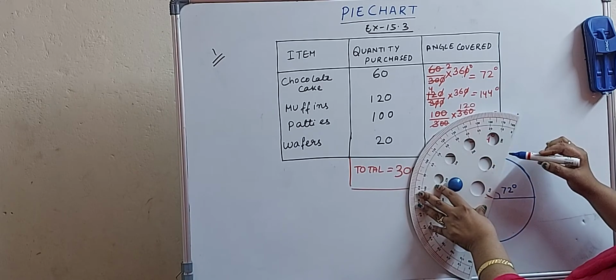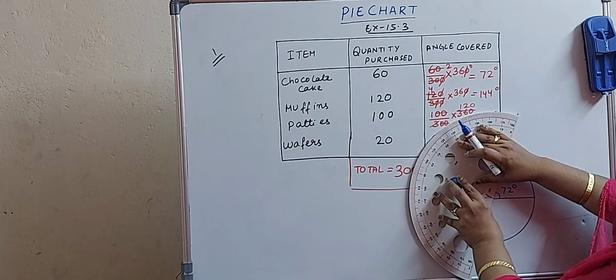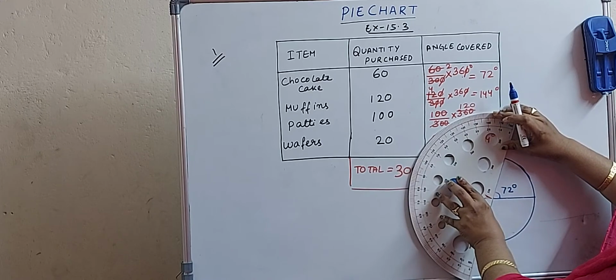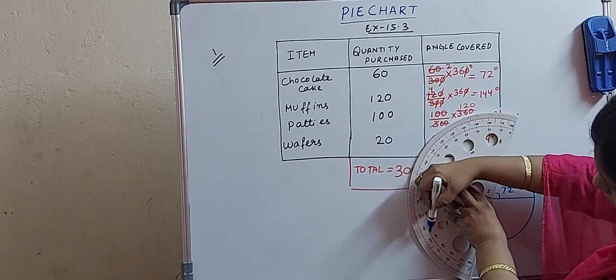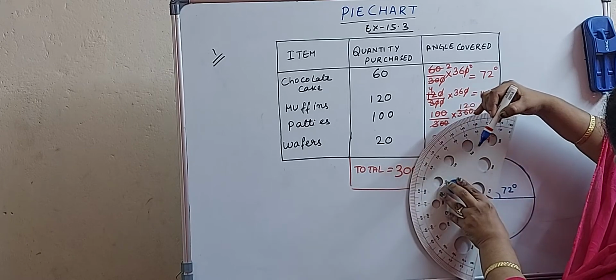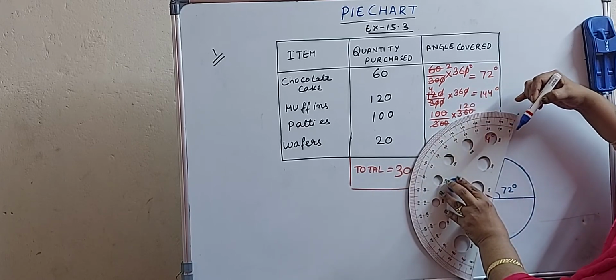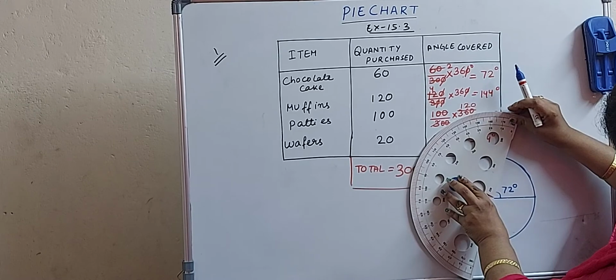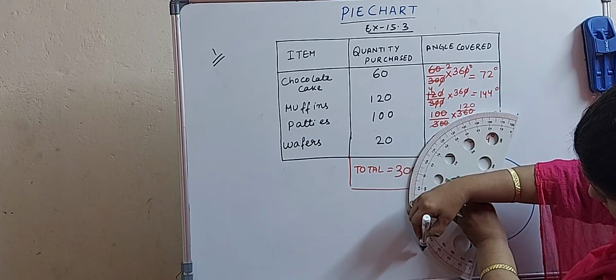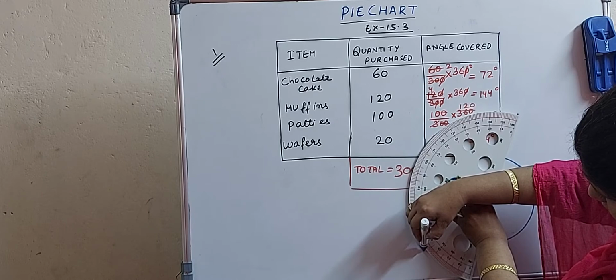Locate where 144 degrees is. From here my 0 is starting, this is 130, this is 140. After that I will count 4 degrees. Somewhere here it is.